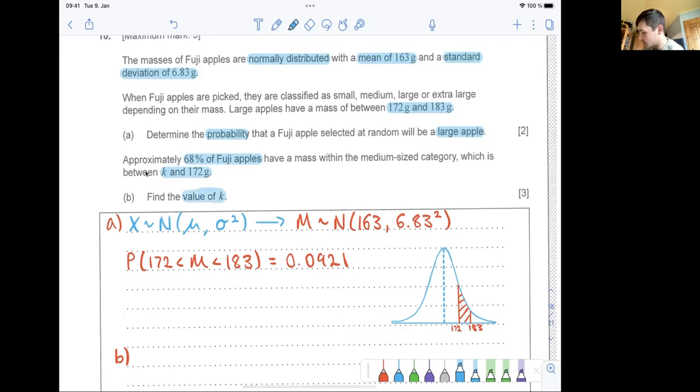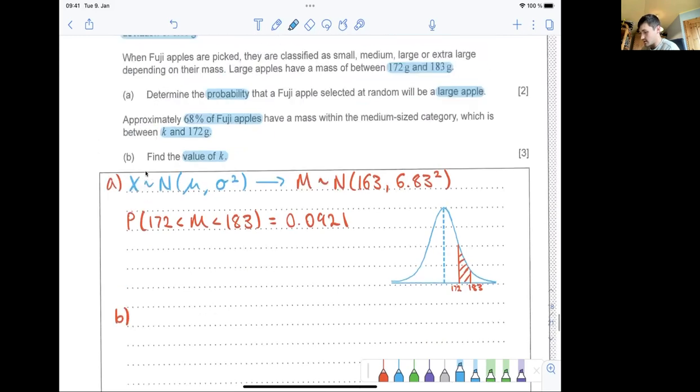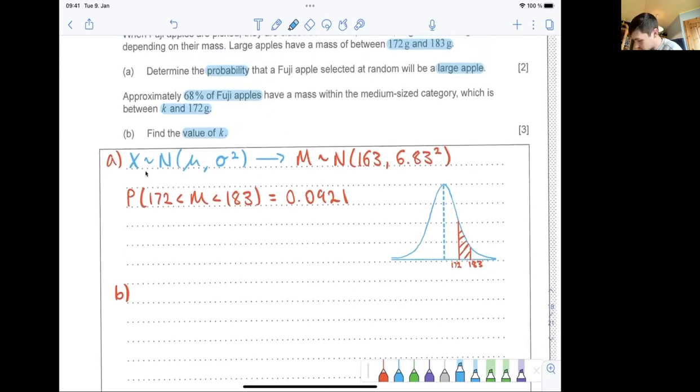If we write down the probability we're trying to find, what we're told in the question is that the probability of a randomly selected apple being between K and 172 grams is equal to 0.68, okay?